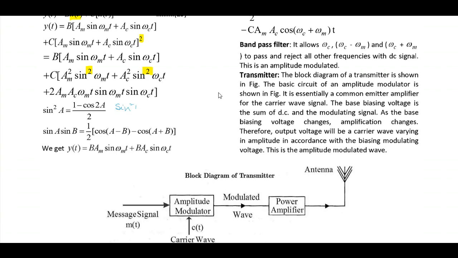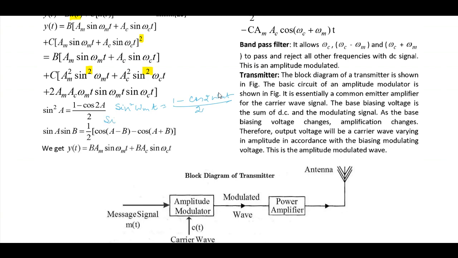When I apply it on sin square omega m t, this is 1 minus cos 2 omega m t divided by 2.